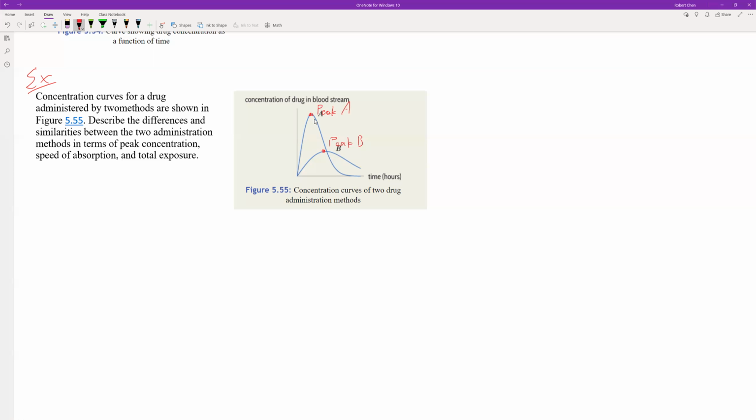Because method A achieves the peak concentration much faster than B, the drug is also absorbed more rapidly in method A than in method B.